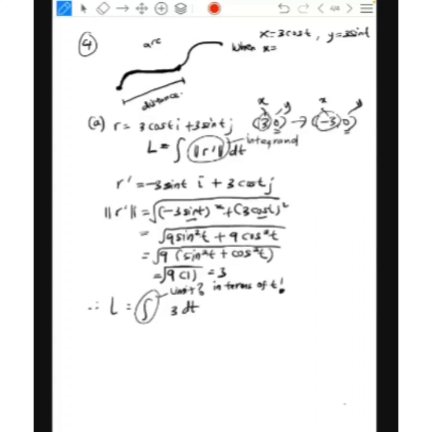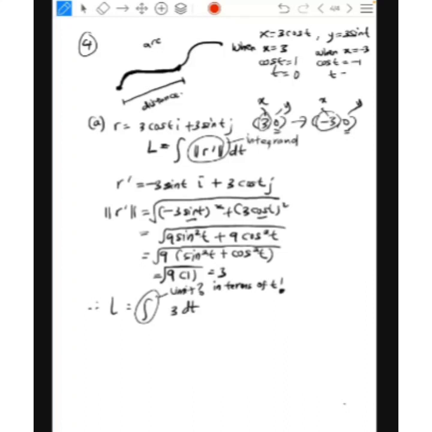We use x equals 3 and x equals negative 3. When x equals 3, we have cos t equals 1, right? So t will be, use your calculator to find the arc cos of 1, which is 0. And when x equals negative 3, cos t will be negative 1.